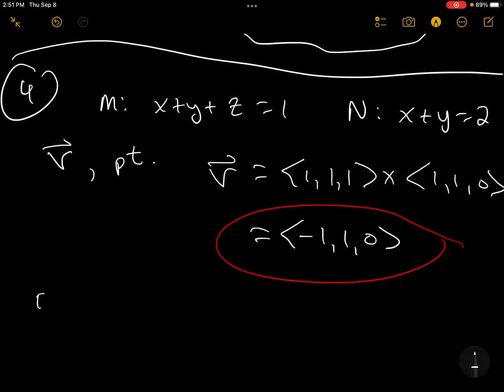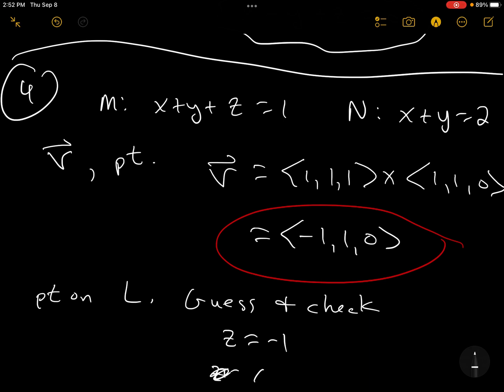So now we need a point on the line. I'm just going to guess and check here, because they're nice planes. X plus y is 2, so that means z equals minus 1. And I'll let x equal y equal 1.